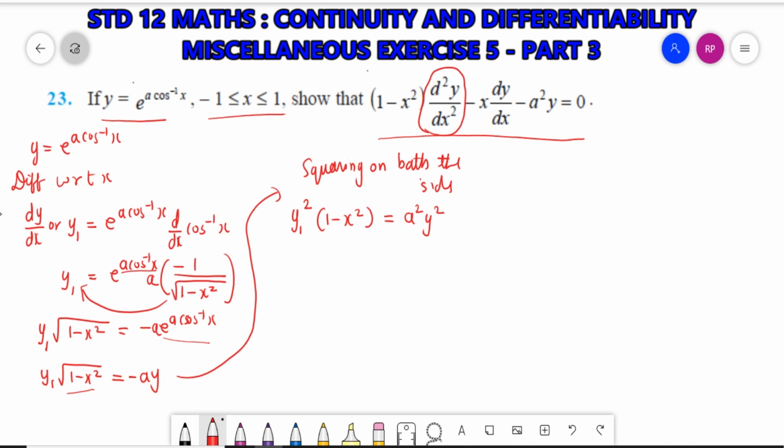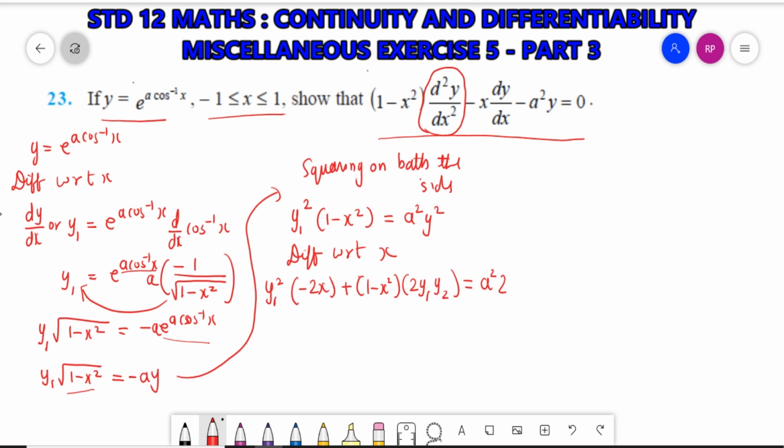Okay, now let's differentiate again. y1 square as it is. Derivative of 1 minus x square: derivative of 1 is 0, and for minus x square, it is minus 2x, plus 1 minus x square as it is. Derivative of y1 square is 2y1 into d by dx of y1, that is y2, equal to a square as it is.